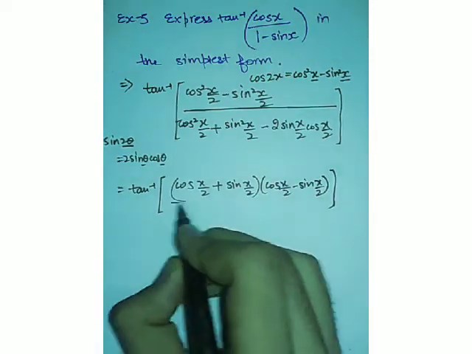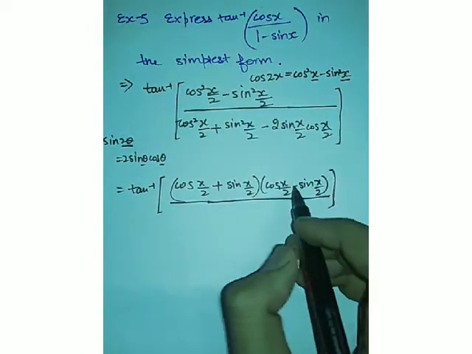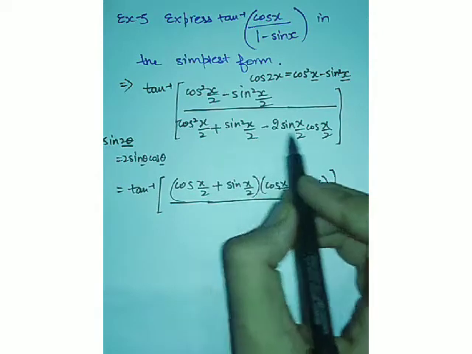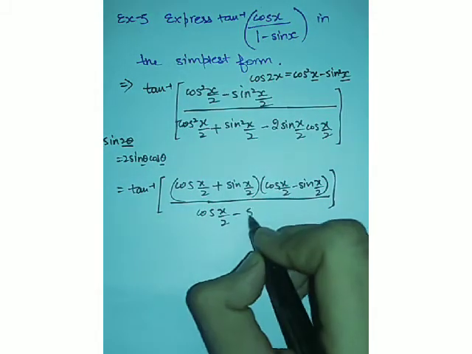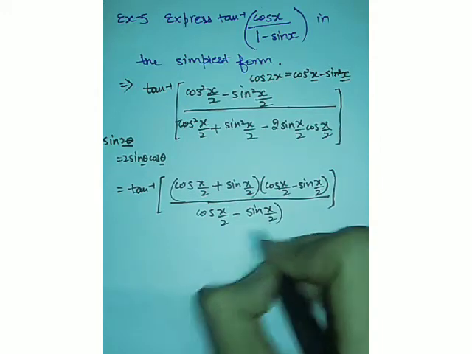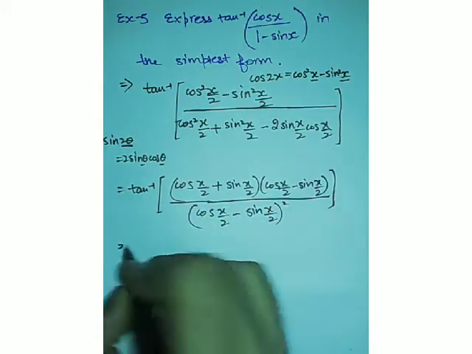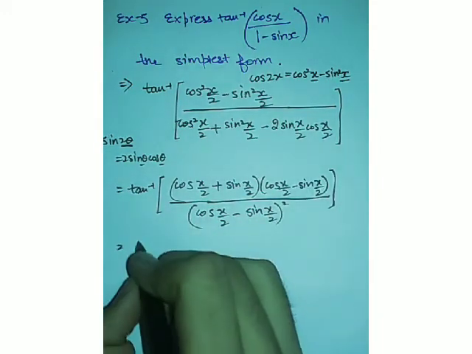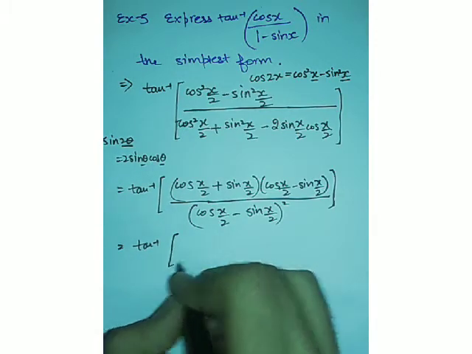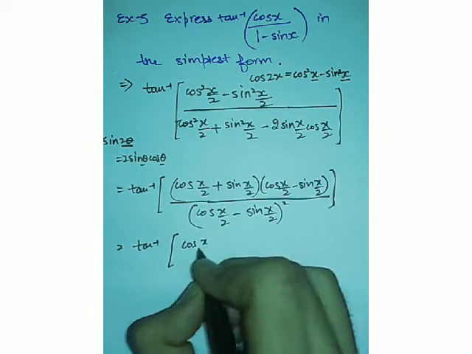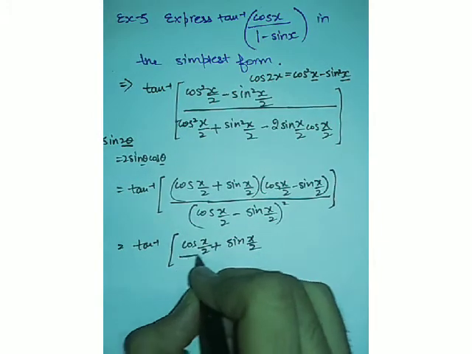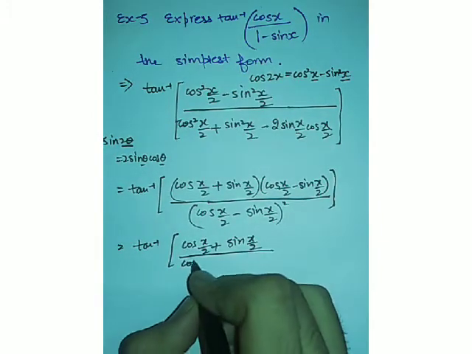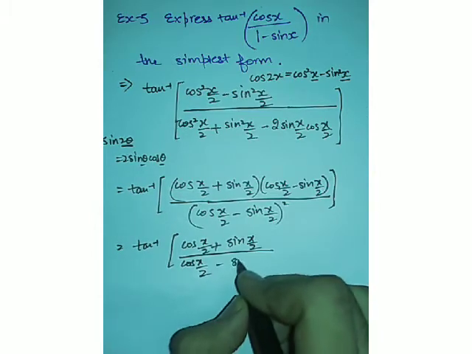And in the denominator, you must already be seeing that a square plus b square minus 2ab gives a minus b whole square. Now these terms will be cancelled. You will only get cos x by 2 plus sin x by 2 divided by cos x by 2 minus sin x by 2.